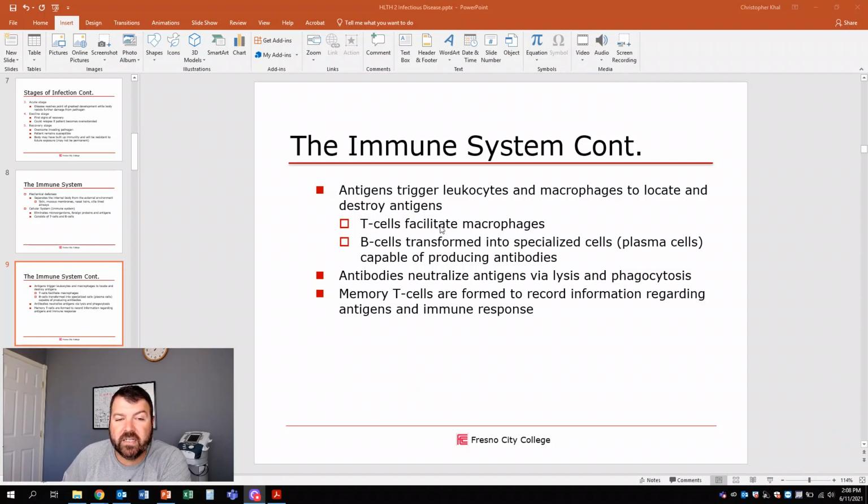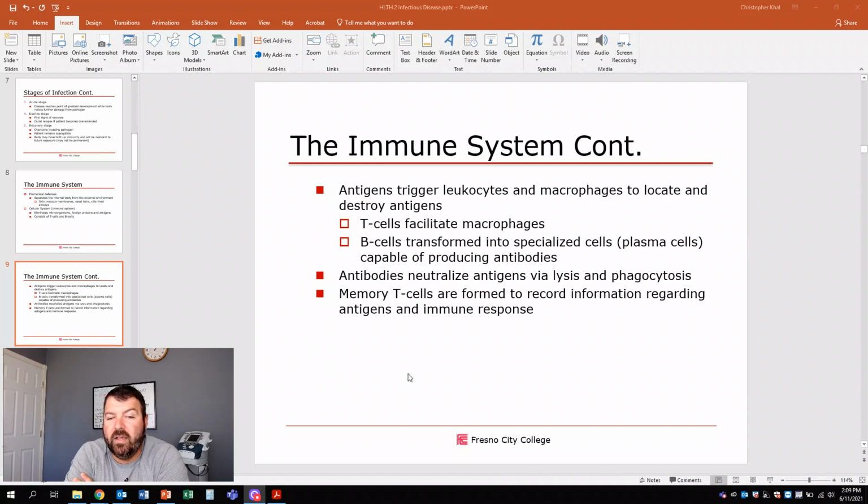So these T cells are more like your long-term memory of all these different antigens. Let's say you get infected with a cold from 1999.